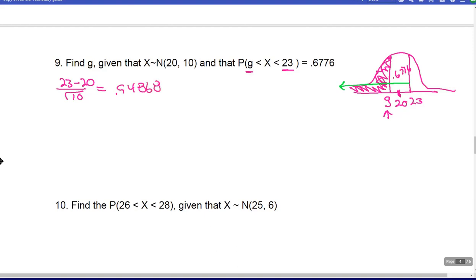All right. Now, this is my z-score. I want to find out what's less than that. So go to your calculator and tell me what that's going to be.